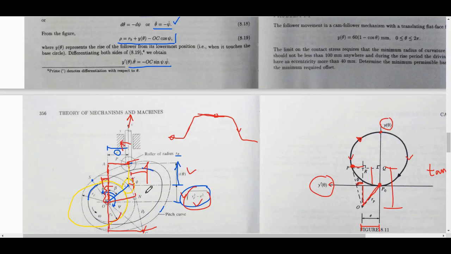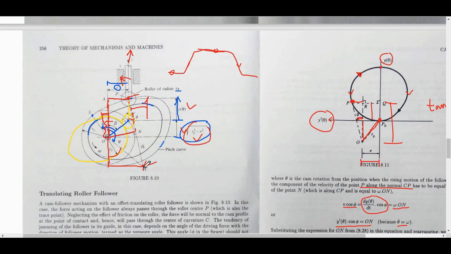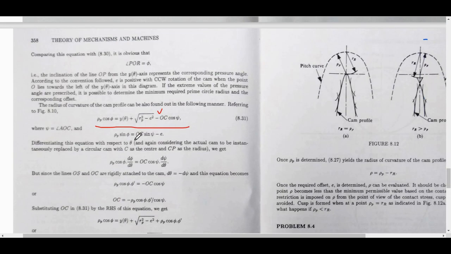We come here, rho p sin phi is equal to this distance here, which is OC sin psi minus E. And then when we differentiate with respect to theta, the sine becomes cosine, and on this side E is a constant, this psi becomes cosine psi, and then we have d psi by d theta is minus 1.